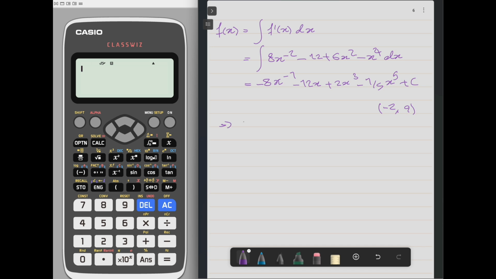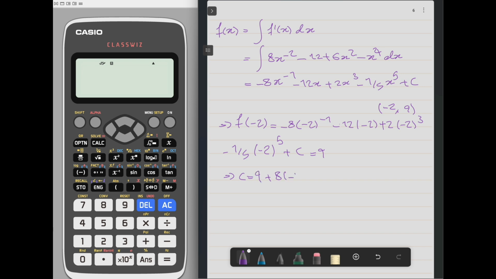Let's say f of minus 2 is going to be minus 8 times minus 2 to the power of minus 1, minus 12 times minus 2, plus 2 times minus 2 to the power of 3 minus 1 over 5 times minus 2 to the power of 5, plus c, equal to 9.